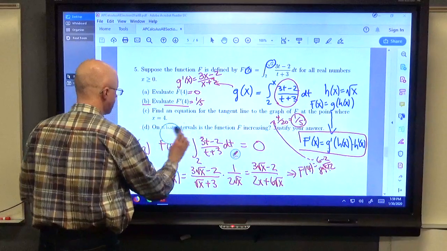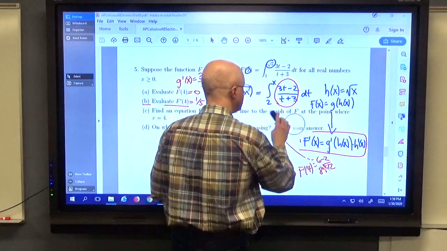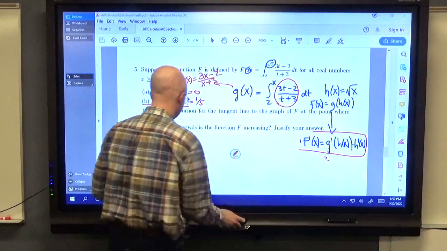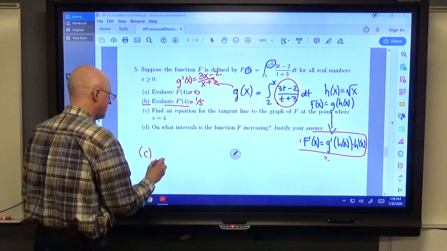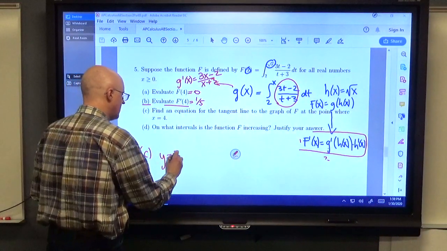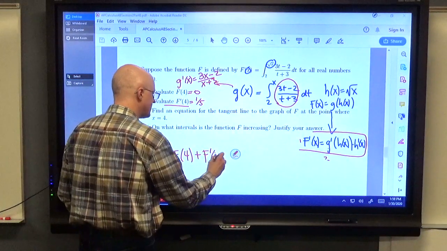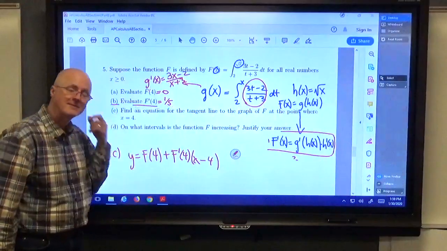Part C says find an equation for the tangent line to the graph of capital F at the point where x is 4, the point we were just dealing with. That's going to be F of 4 plus F prime of 4 times x minus 4. This is the formula for the tangent line equation.